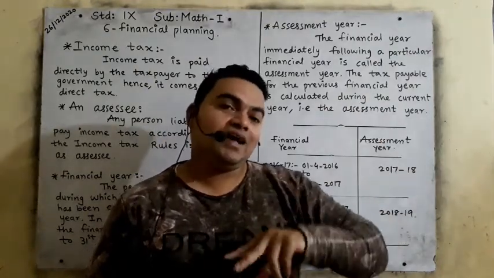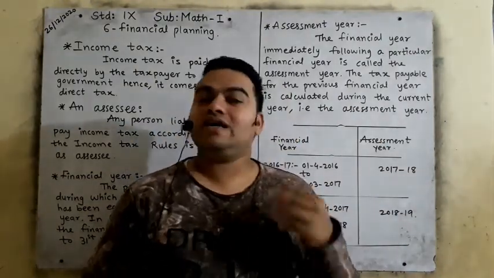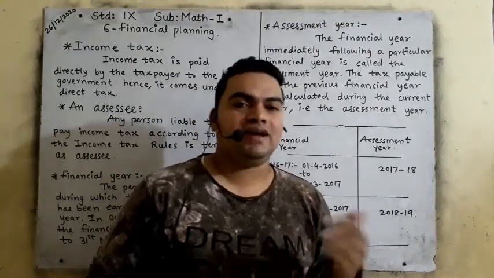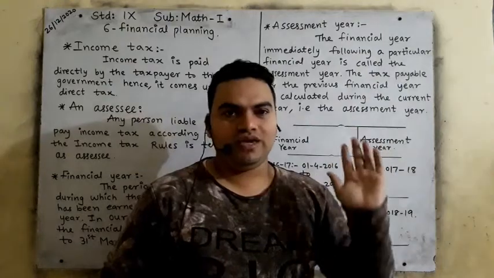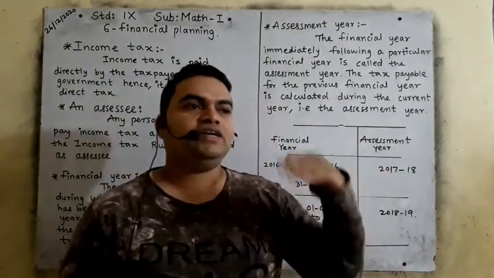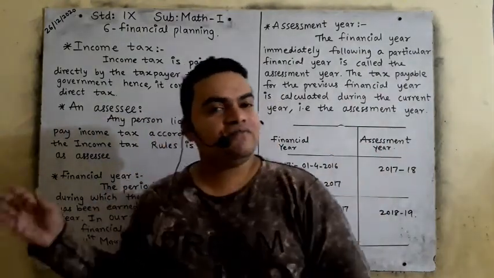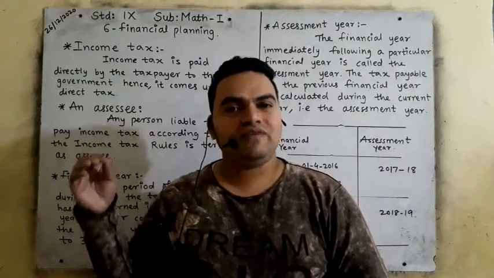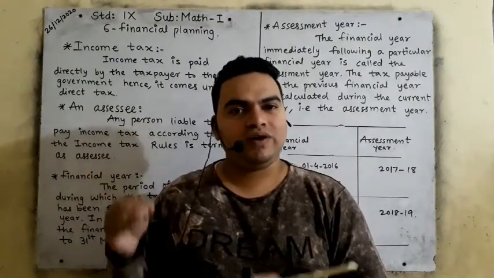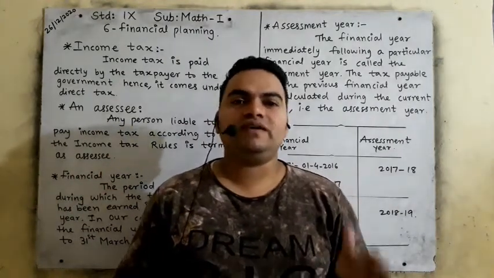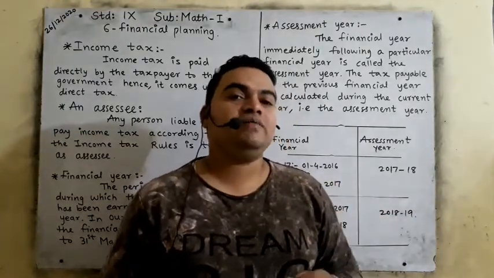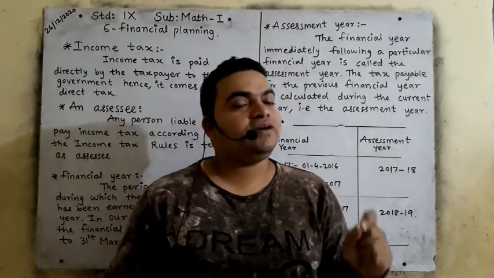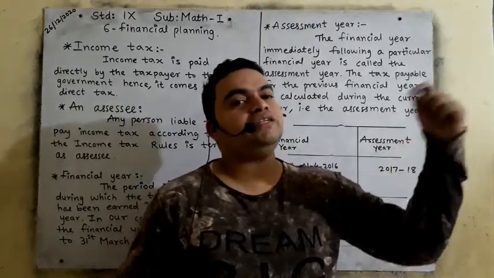So उसका assessment year क्या होगा? उसके बाद का, that is 2021 to 2022. It started from 1st April 2020 and ended on 31st March 2021, so the assessment year will be 2021 to 2022.